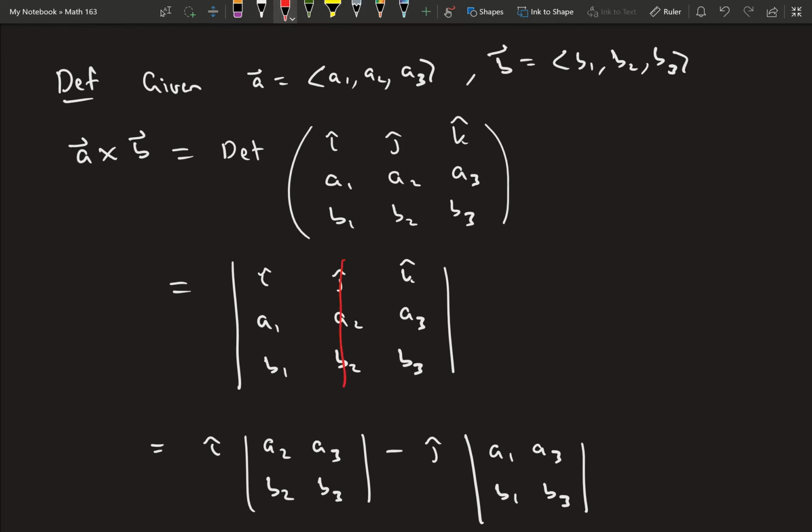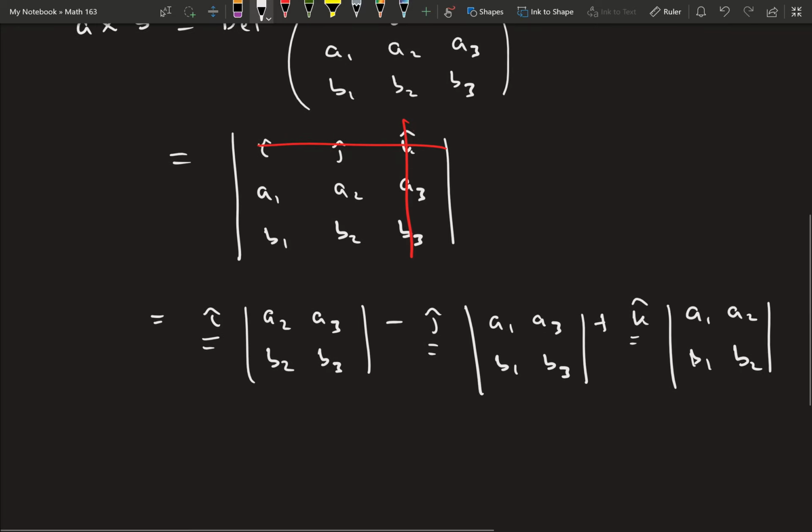So if you cross here and cross here, you're left with A1, A3, B1, B3. And then plus k. Remember that we alternate signs here. There's a positive i, a negative j, and then the positive k times the determinant of its minor matrix, which is cross out the column, cross out the row, and you're left with A1, A2, B1, B2.